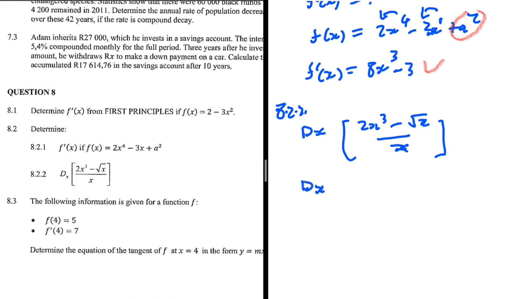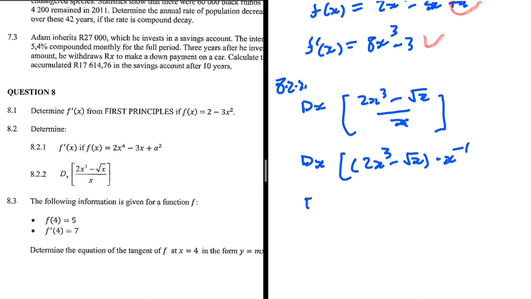So d/dx, and then we have 2x to the 3 minus square root of x multiplied by x to the minus 1. Okay, so d/dx, and then what is 2x to the 3 multiplied by x to the minus 1?